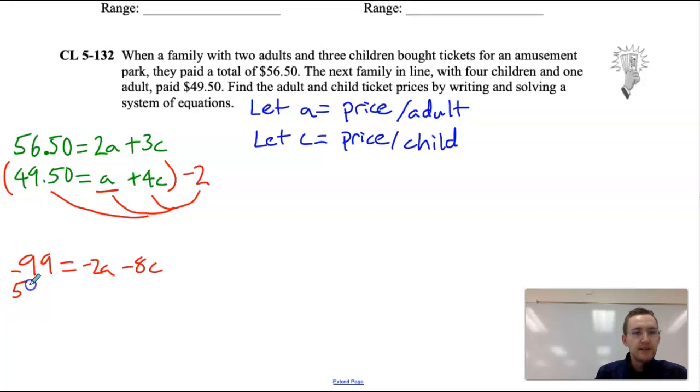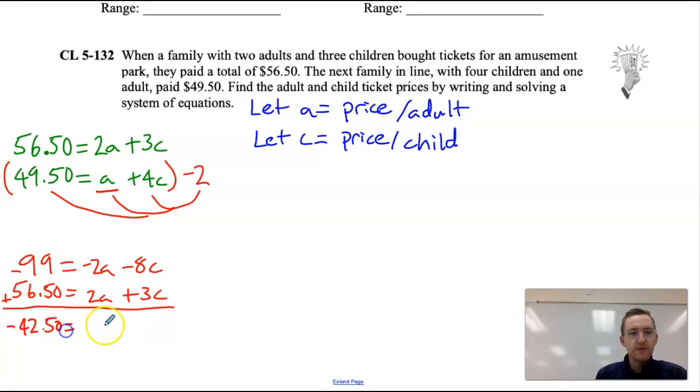So we got $56.50 is equal to 2 adults plus 3 kids. And now we can add our 2 equations together. So if we add negative 99 and 56.50, we get negative 42.50 equals, our A's go away, and then we're left with minus 5C.